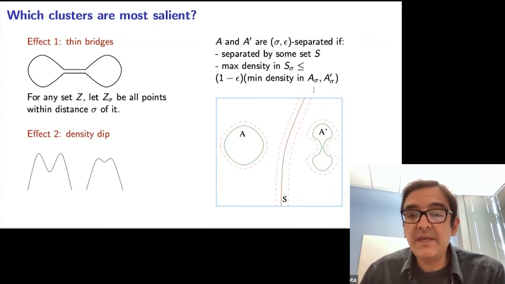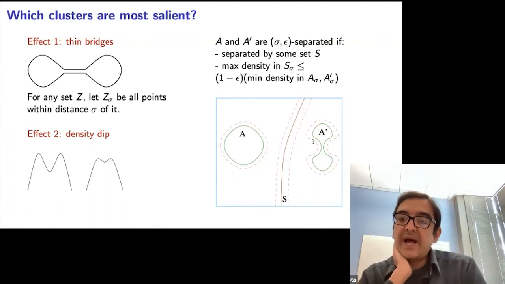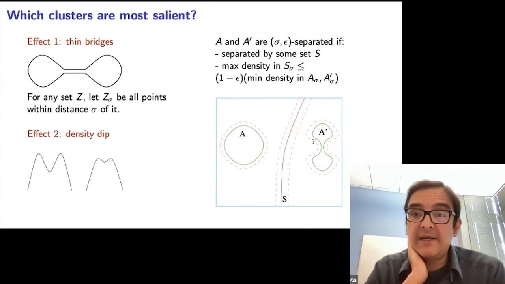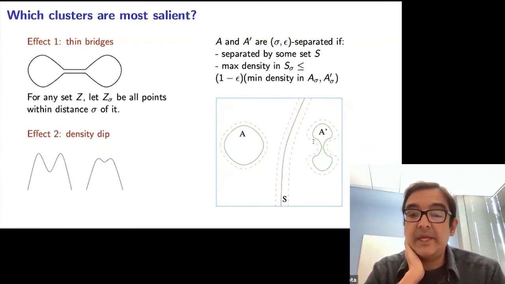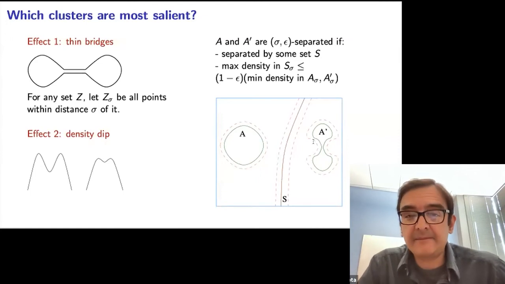And this holds even if you look at the buffer zones of size sigma around each of these sets. So this is how we can define a notion of separation in this sort of non-parametric setting.